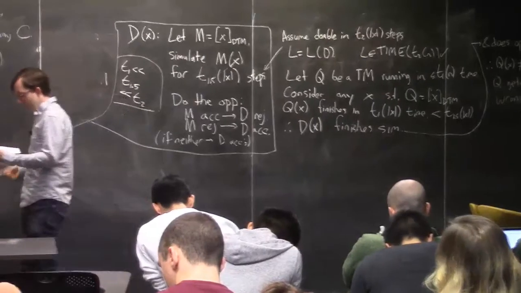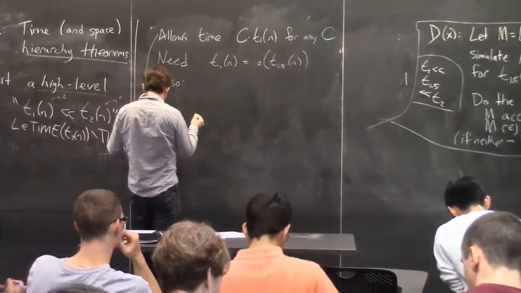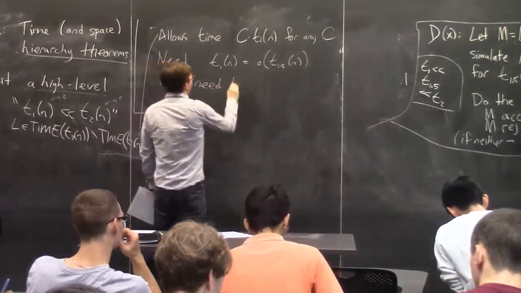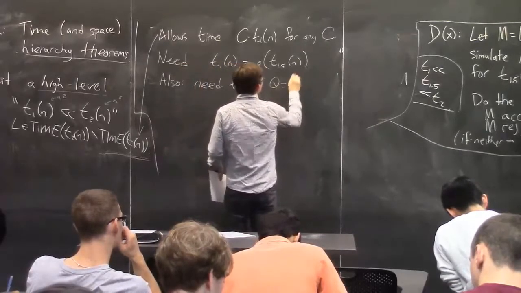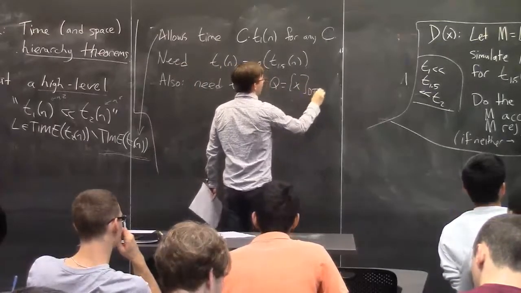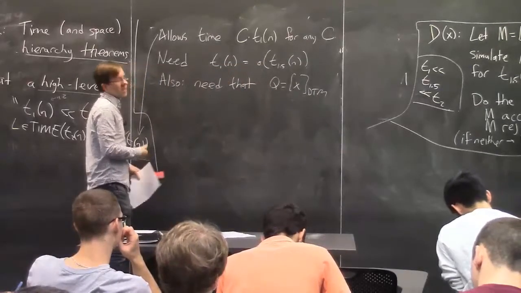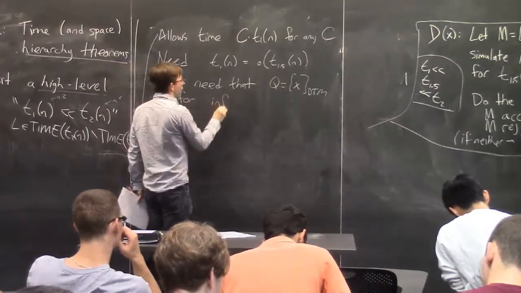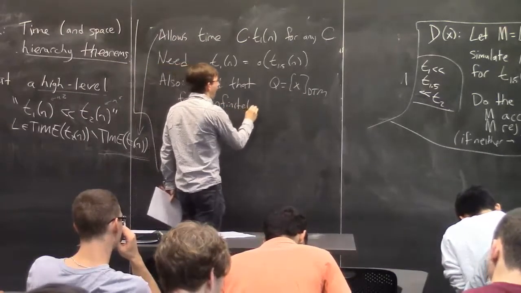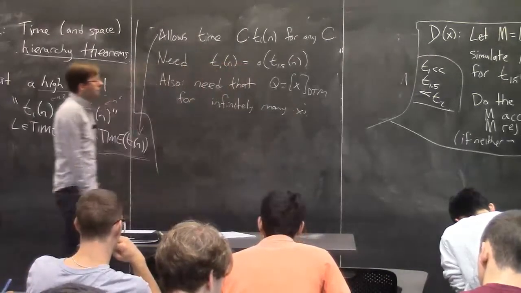Okay, so let me just say that in words, and you can think about it a bit more carefully if you like, but long story short is you also need that Q is equal to the encoding of x for infinitely many x's, or really for arbitrarily long x's, which is the same thing as for infinitely many x's. But that's OK.